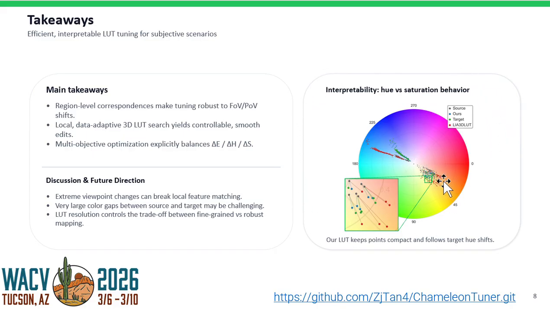These cluster points are the source points and their target points, and you can see how our method keeps the points compact and follows the target hue shifts compared to the baseline methods.